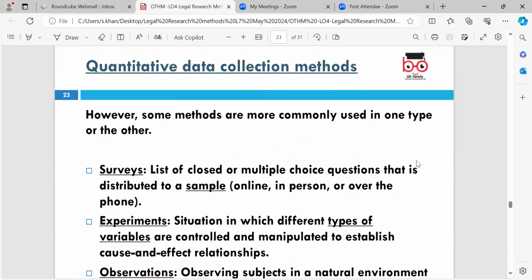So this is quantitative data research. So it could be things, some more psychological research, quantitative data. It could be things like clinical outcome measures.